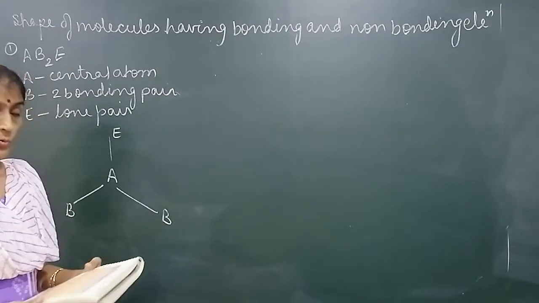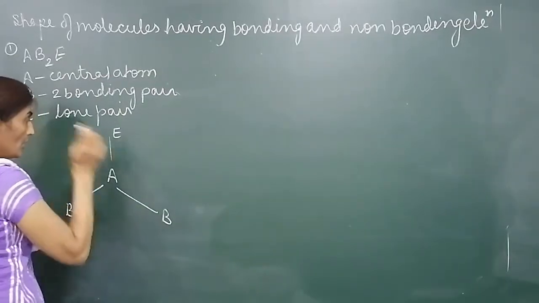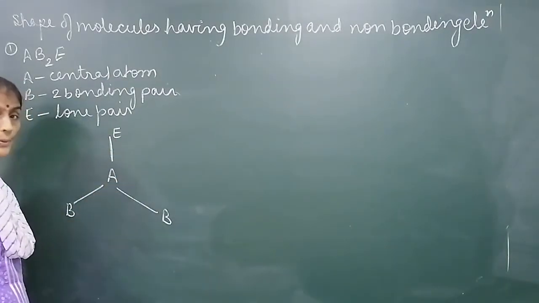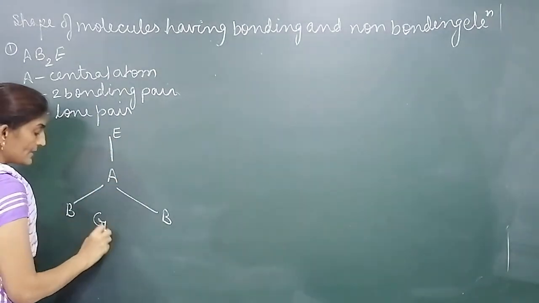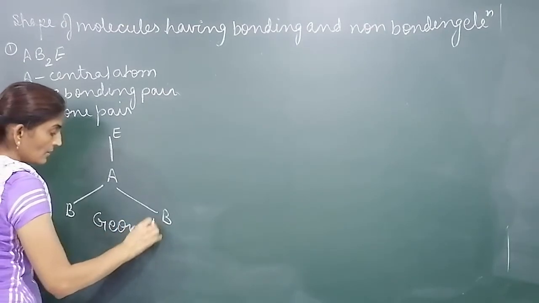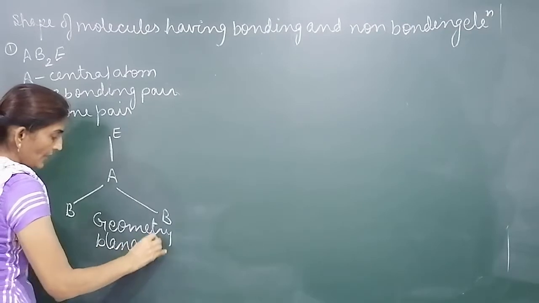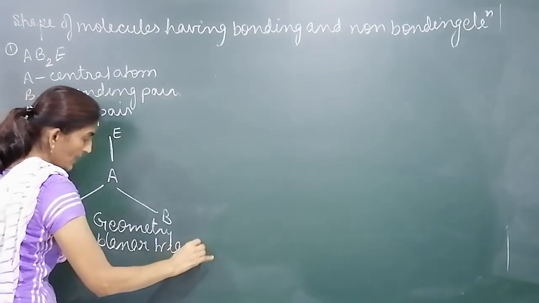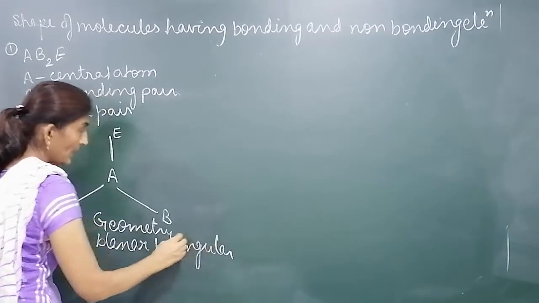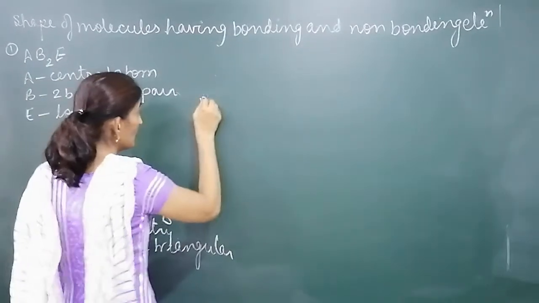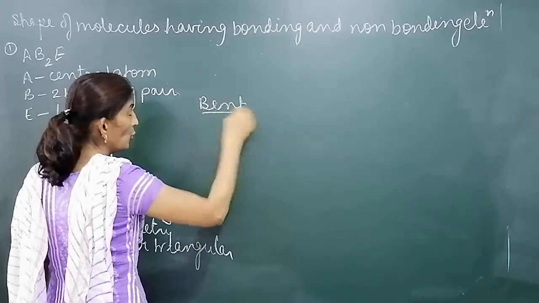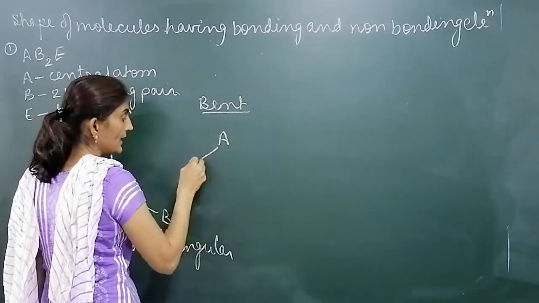But what is the shape of the molecule? Due to presence of this lone pair, geometry is planar triangular, but shape will become bent. Due to presence of lone pair, shape becomes bent like this.